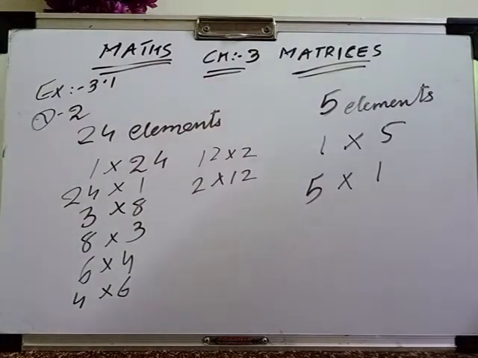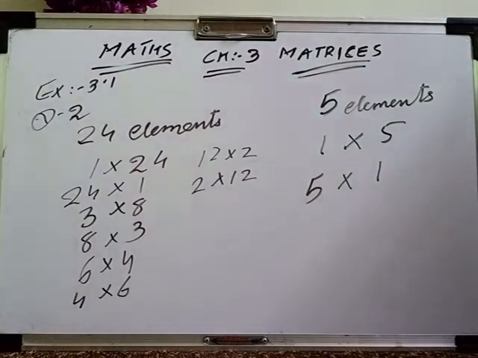Third question is also the same, where in the first case you are asked to have 18 elements and you have to note down different orders related to that, and in the next part of the third question, they have asked to settle 13 elements, right? So 13 is again a prime number, so you have only 2 possible cases, that is 1 cross 13 and 13 cross 1.